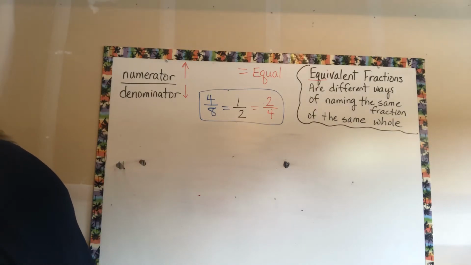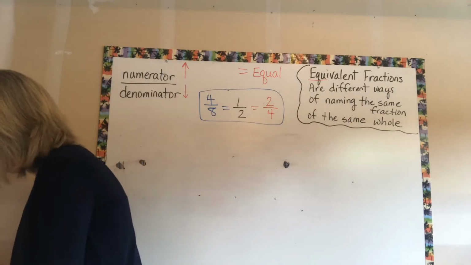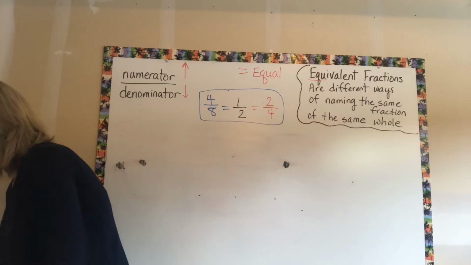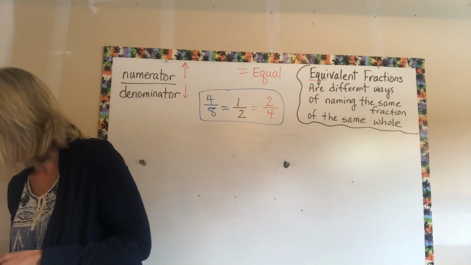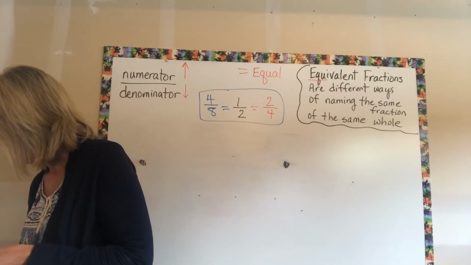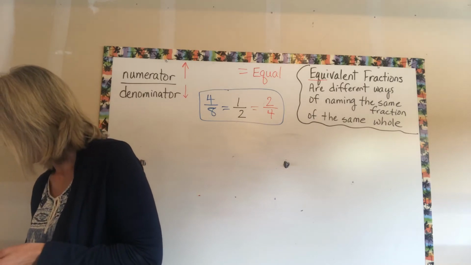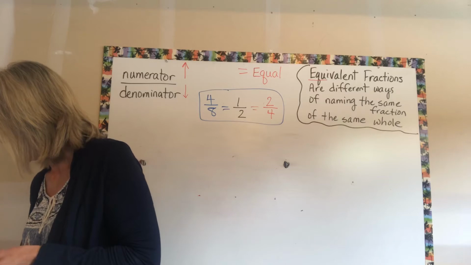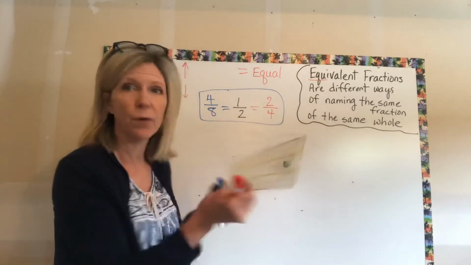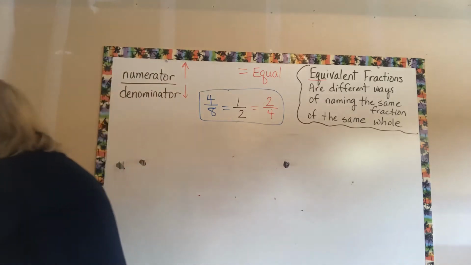Our book will show us that you're going to want to match. Okay, here's a good one. Let's do this. We're going to use this one more time because this is handy.